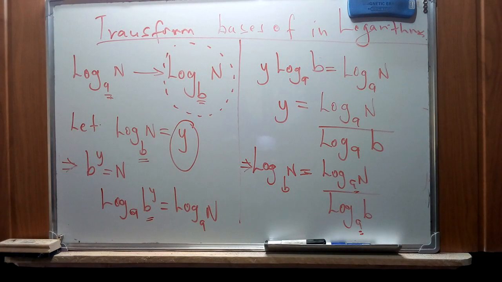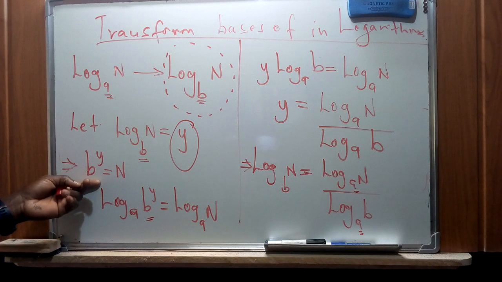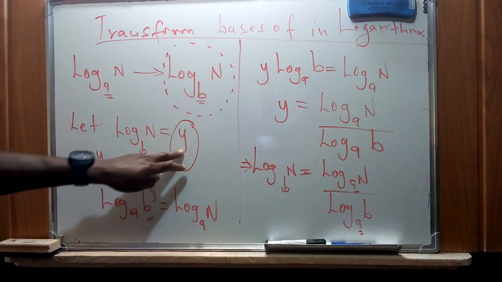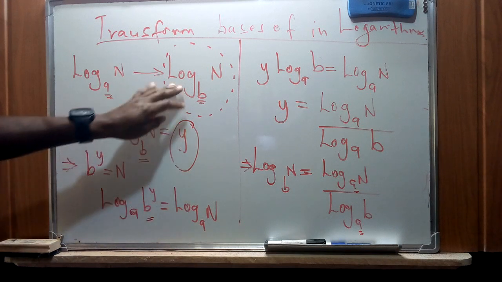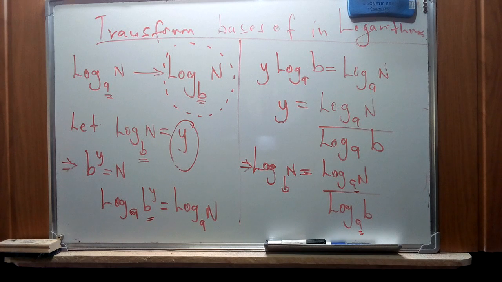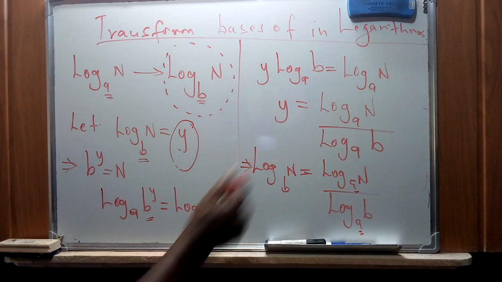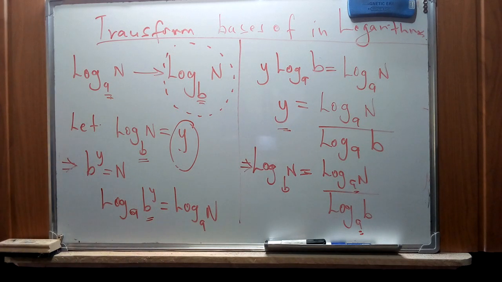So that's the procedure that we use for transformation of bases in logarithms, by trying to give it as an exponent, or letting a particular variable like y represent the product of the transformation, and then finding logarithms on both sides, making y the subject of the formula, and then doing a substitution now that you are given y is equal to that figure.